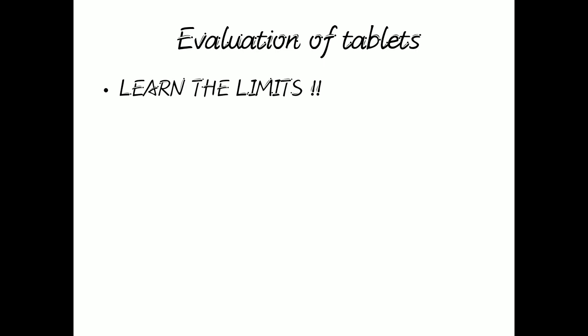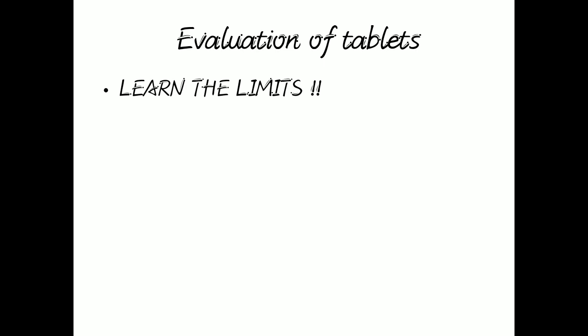So for an average weight of tablet 80 mg or less, the percent deviation that is allowed is 10%. If the average weight of tablet is more than 80 mg and less than 250 mg, then the percent deviation allowed is 7.5%. If 250 mg or more, then 5% deviation is allowed, right?